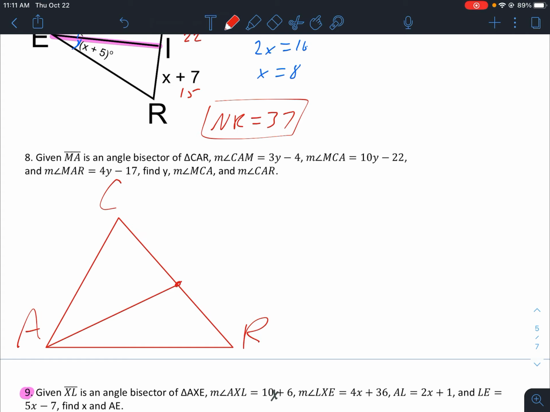And we'll call that point M. CAM is 3y minus 4. MCA is 10y minus 22. MAR is 4y minus 17. Find y and the measure of those two angles there.